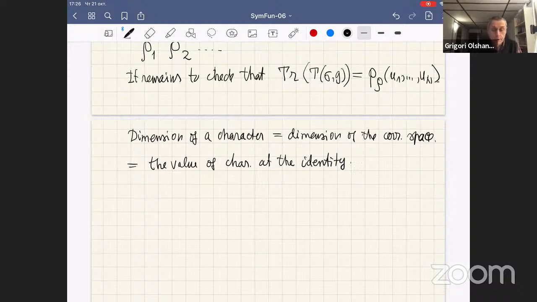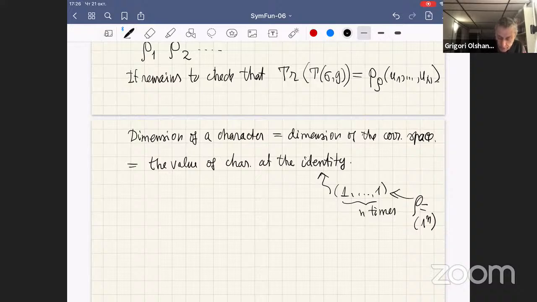In the symmetric group, the identity has cyclic structure 1, 1, 1, n times. So this is our rho, which in our case is this partition. We can conclude from this that the dimension of this character is equal to a particular coefficient.